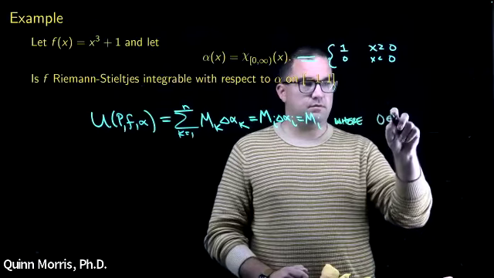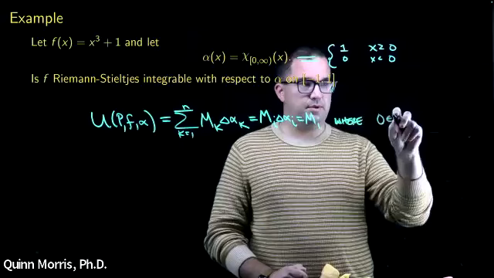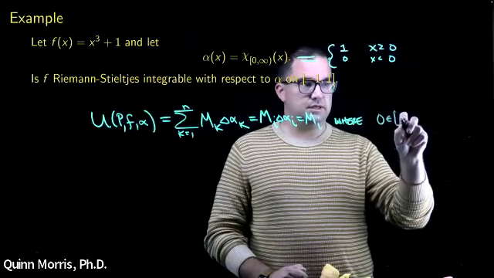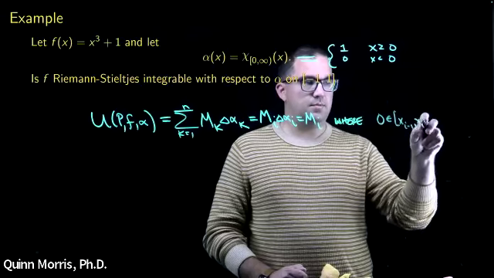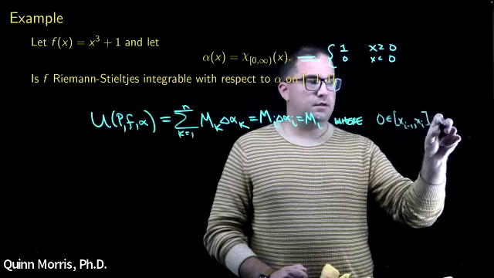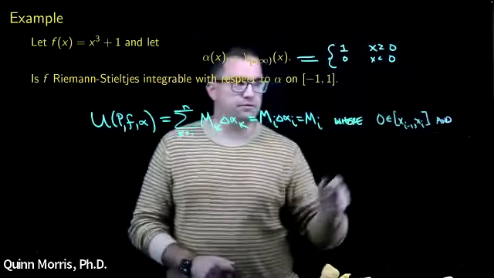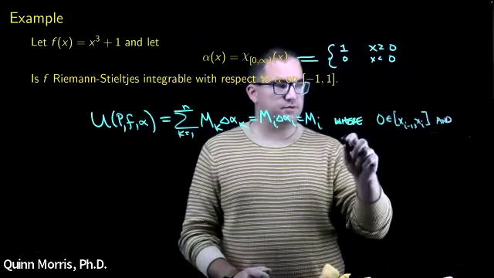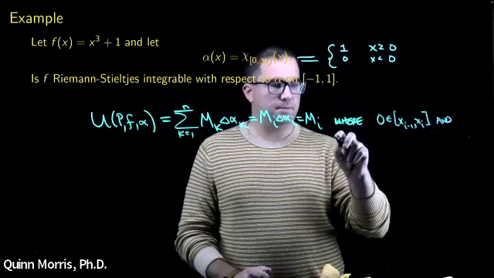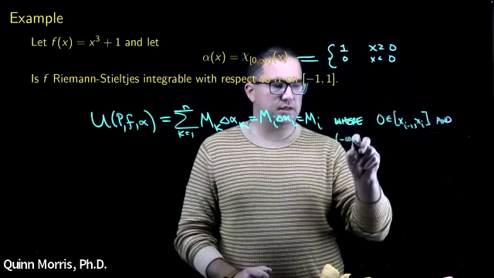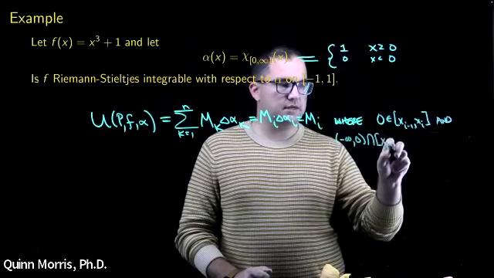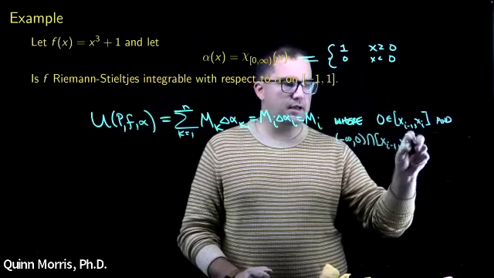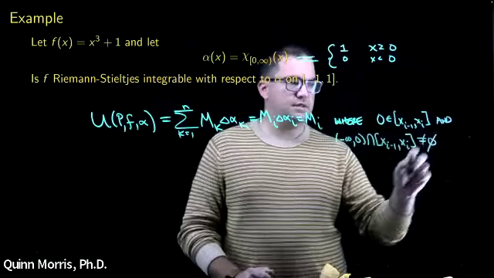Where 0 is in the ith subinterval, so it is in x sub I minus 1 to x sub I. And I'll just keep this piece over here: minus infinity to 0 intersect x sub I minus 1 to x sub I is not the empty set.